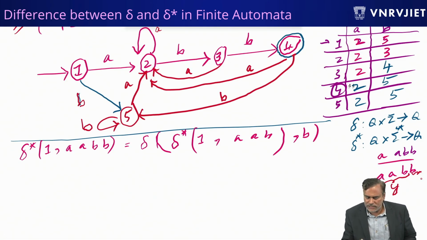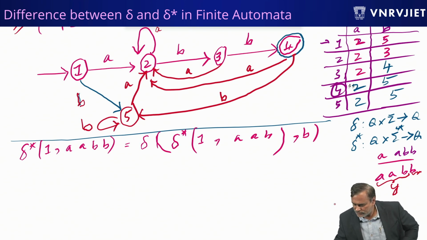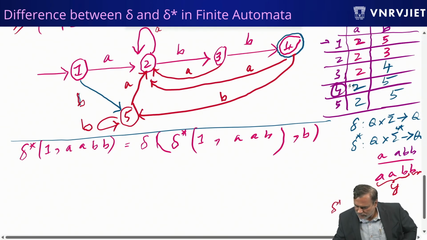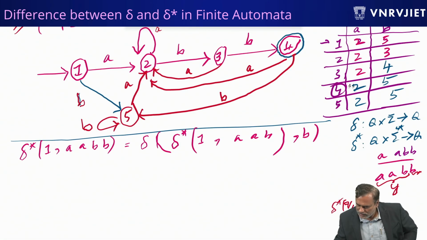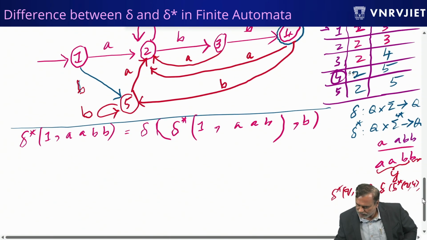You know delta star of QYA is delta of delta star of QY, comma A.